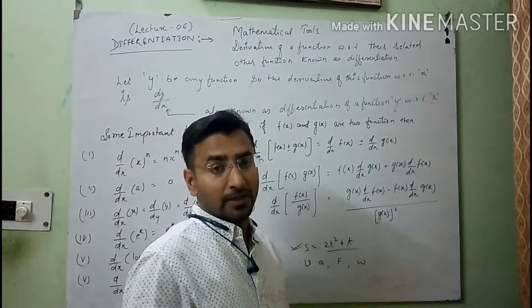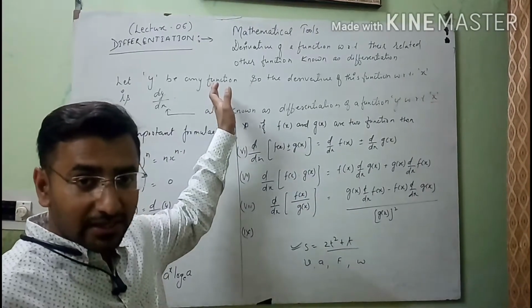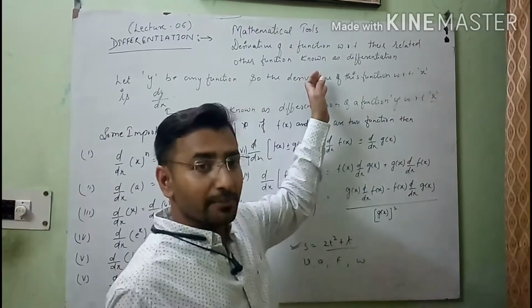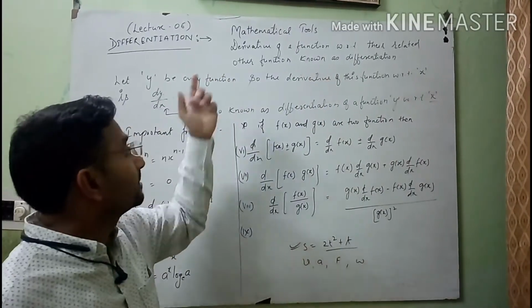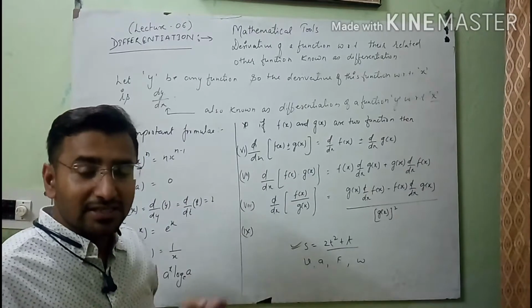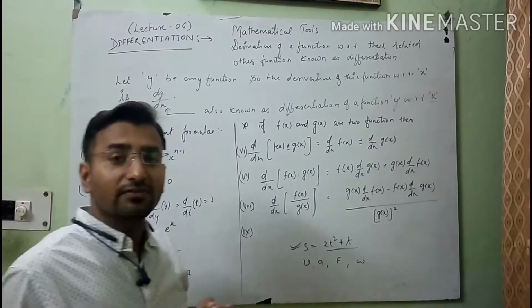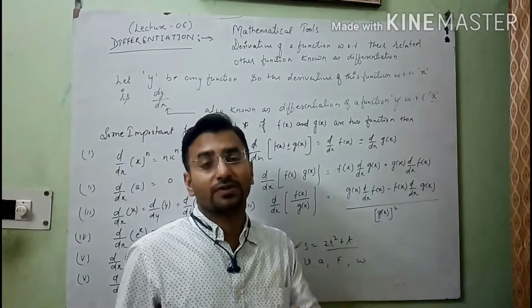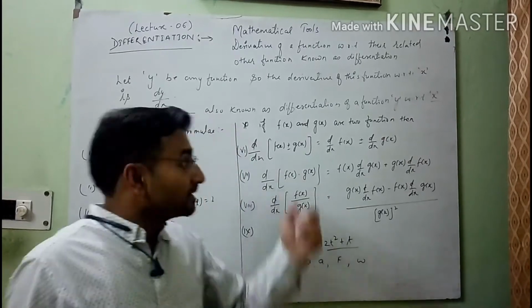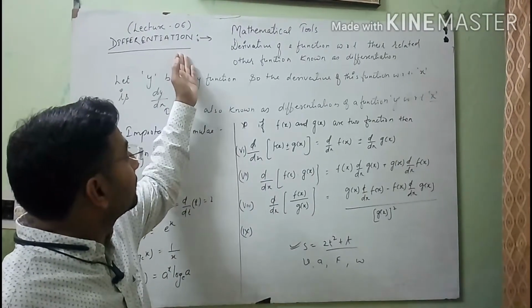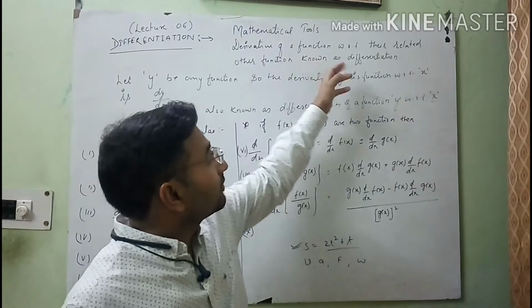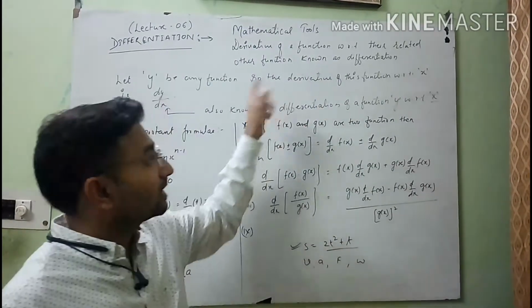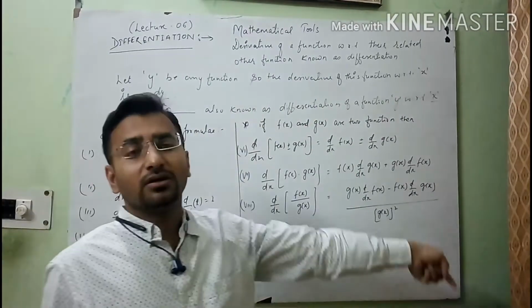First of all, see here the simple definition which I made for you. What is the meaning of differentiation? In my previous lecture I explained the meaning of derivative or differential coefficient of a function. In the same manner, differentiation is called the derivative of a function with respect to the other function which is related to the given function.